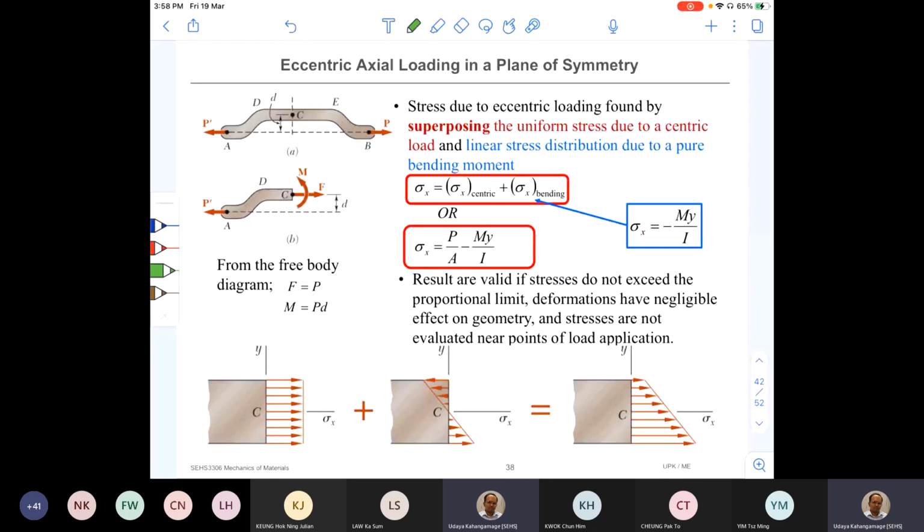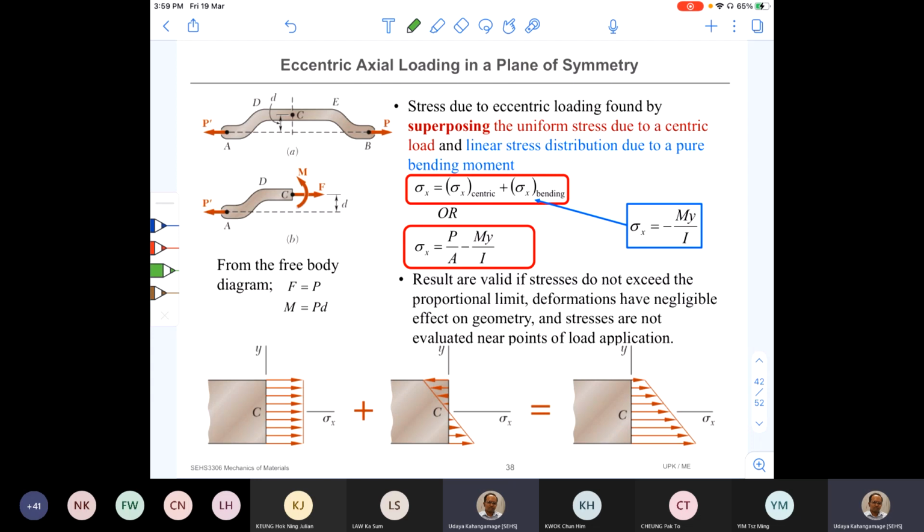Again with another example. So here in the first diagram on the top, you find, again, an eccentric load applied member. So why is it eccentric? If you look at the section DE of the member, DE is going to be subject to some resistive load.